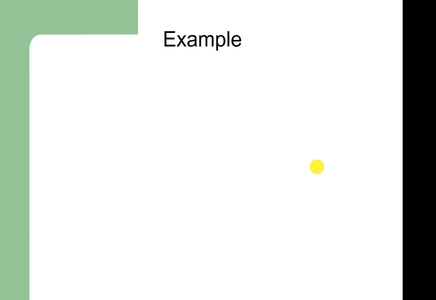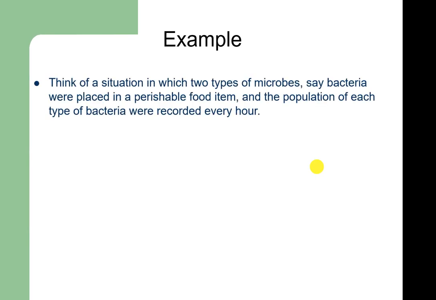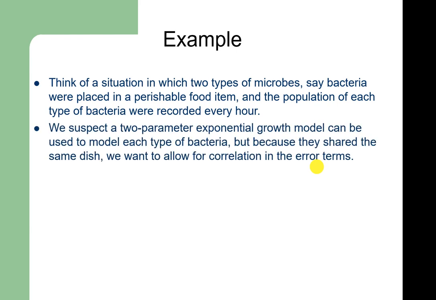We can have an example of this estimation of a nonlinear system of simultaneous equations. We may think of a situation in which two types of microbes, say bacteria, are placed in a perishable food item, and the population of each type of bacteria is recorded every hour.